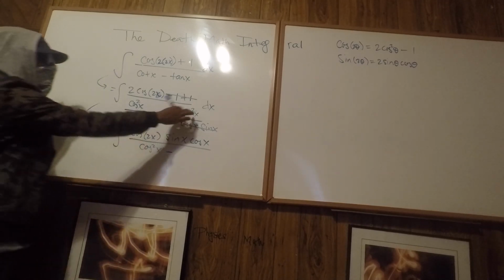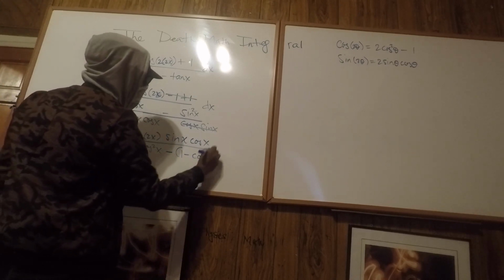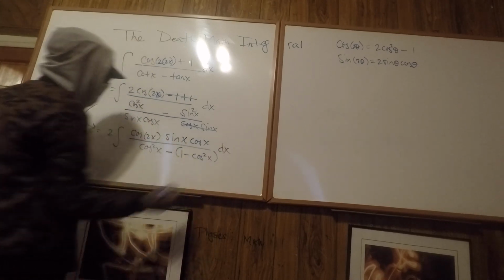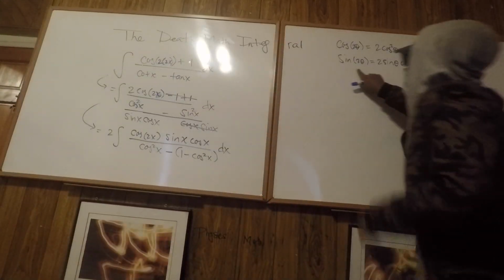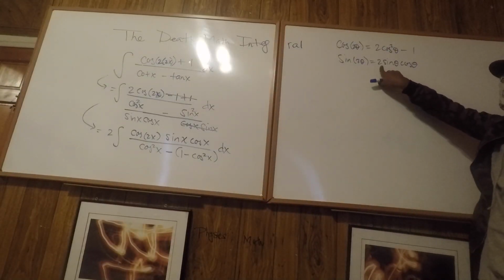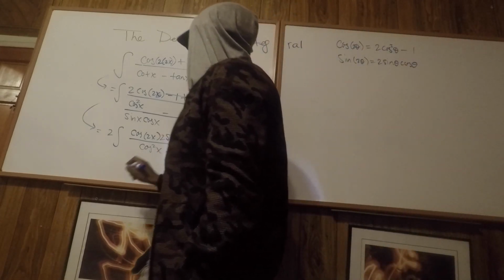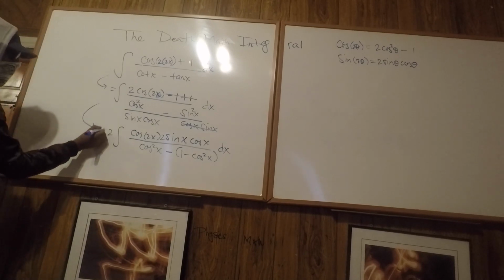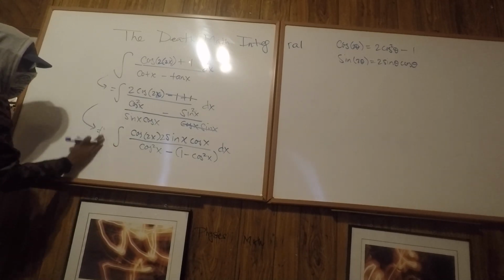So minus, sine squared is 1 minus cosine squared, right? So I go 1 minus cosine squared x, right? dx. Okay, but notice in order for us to use this sine double angle identity, there's a 2 right there. And so we put a 2 right there, and then we could put a 1/2 to make up for it right here, right? But wait, 1/2 times 2 is gone, right?